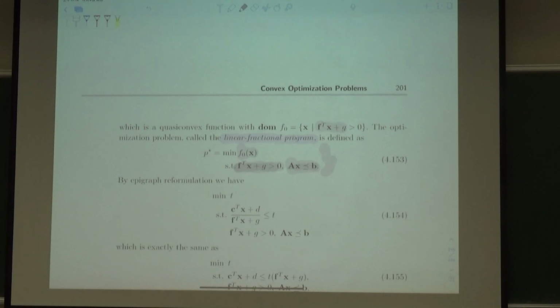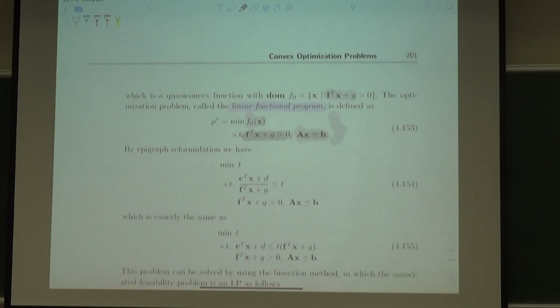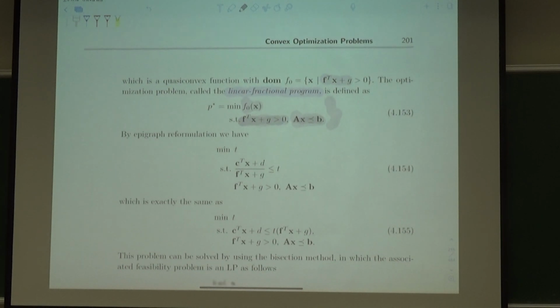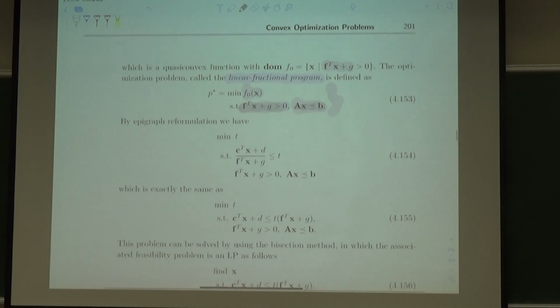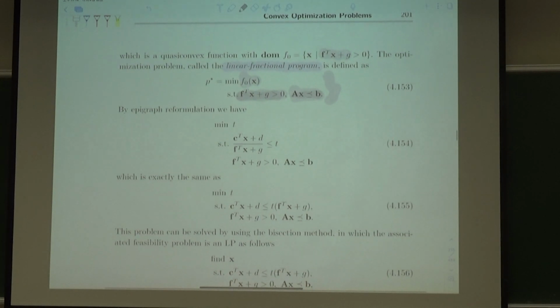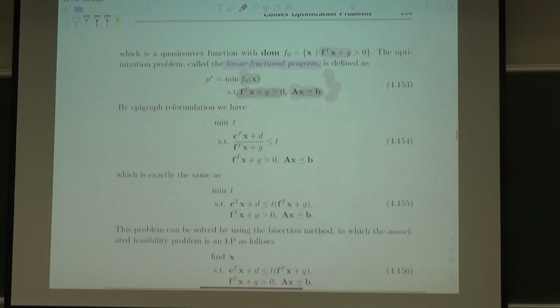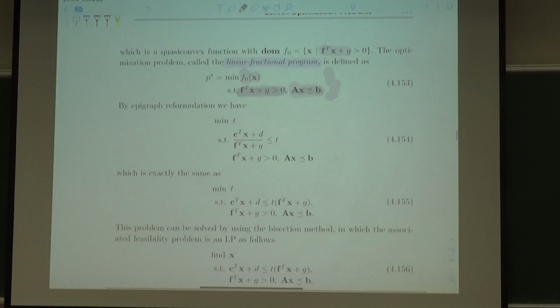So don't expect to use the optimality condition or the directional derivative being non-negative. It's not applicable. So how do we reformulate this problem? Again, look at this. By epigraph reformulation, the objective function comes here.